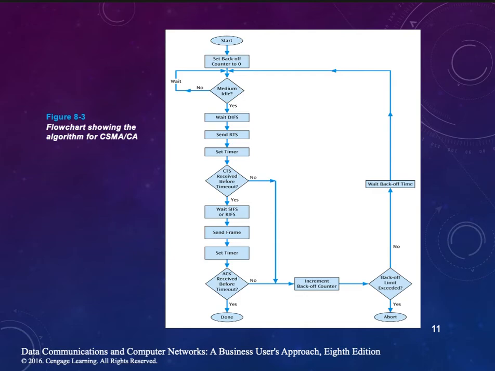If it doesn't receive, it will increment a counter and back off. If it exceeds the limit, no, it will wait, then repeat the process again. If it exceeds, it will abort. So as you wait, if yes in the process, you go down, send the frame, set timer, and receive acknowledgement. And this is basically done in a split second.